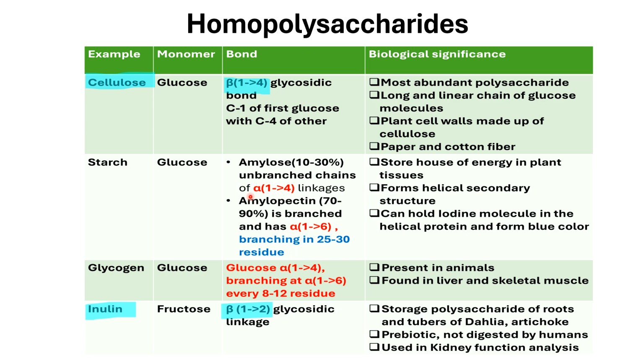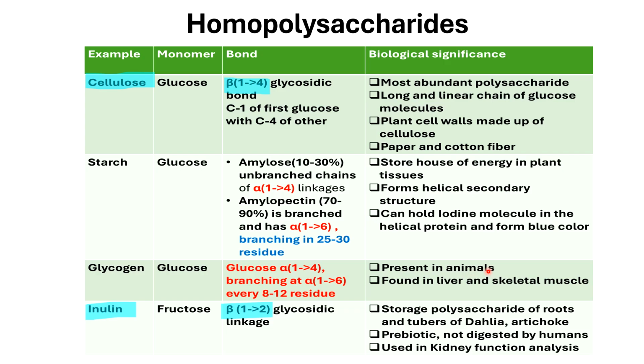Clear? Because of this type of structure, starch possesses a helical secondary structure. Within this helix, it can trap iodine molecules, and when you add iodine drops, starch forms a blue color.